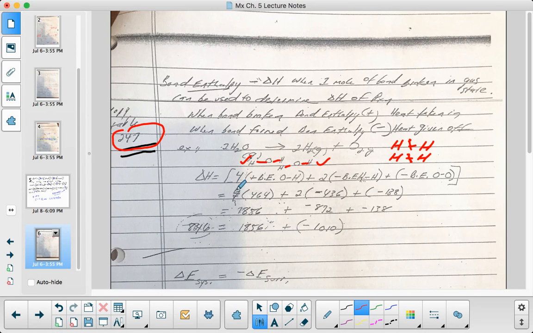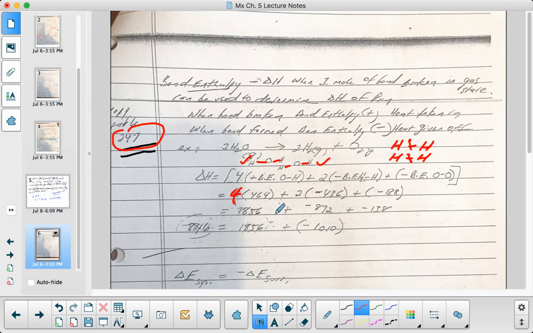I look up these values. I'm going to take 4 times the value for the bond energy for an oxygen-hydrogen bond. I'm going to add to it 2 times the negative bond energy for the hydrogen-hydrogen bond, and then add to that the negative bond energy for the oxygen-to-oxygen bond.